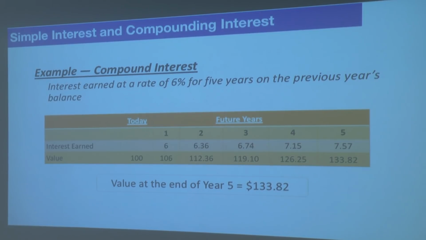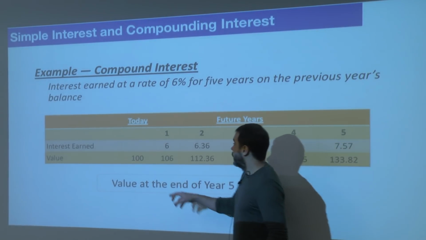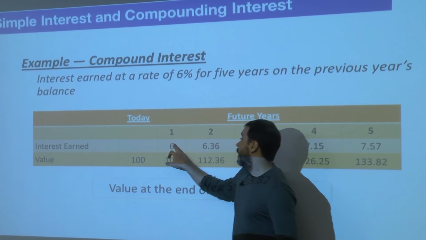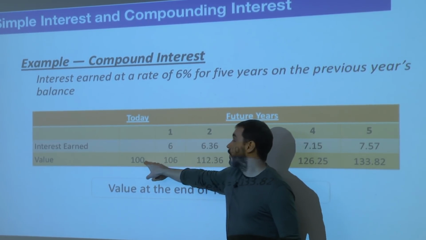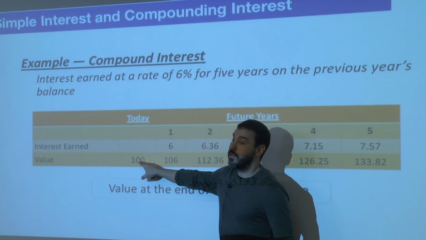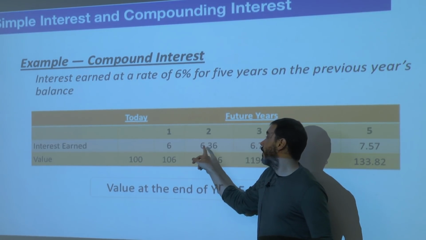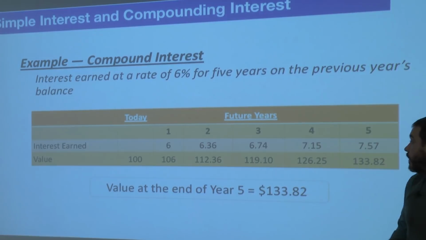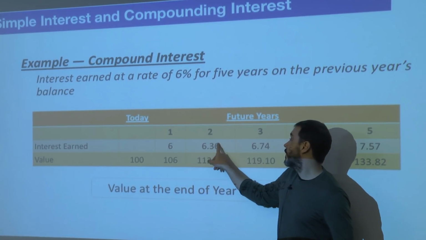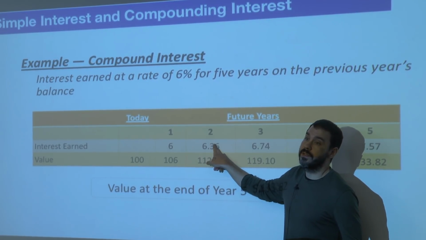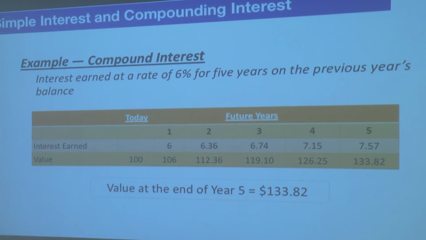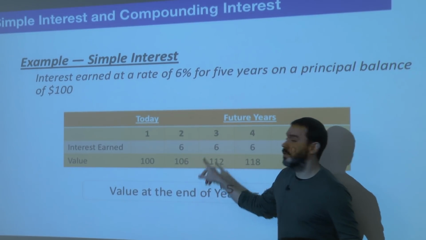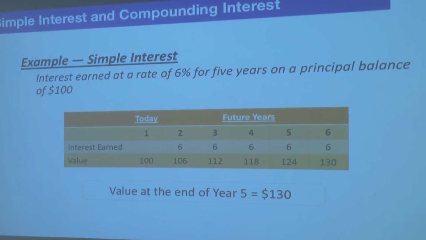Compound interest is instead a scenario in which the first year you earn 6% of your original $100, but from that point on, you earn 6% of whatever is in your account. So the second year, you earn 36 cents more relative to simple interest, where you were only earning 6 and 6 and 6 forever.